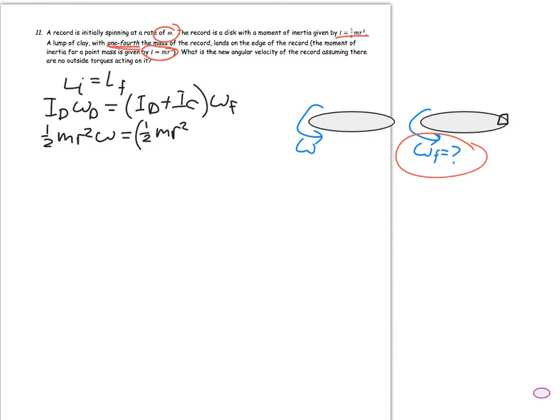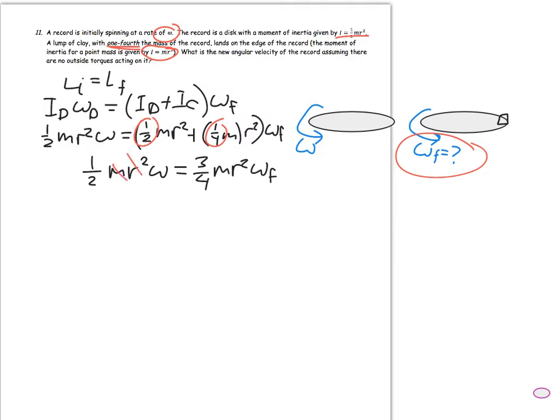All right, so I'm going to say plus, for the mass of it, 1/4 m times r squared. Since it's on the edge of the disk, it's just going to be r squared times our final angular speed. So when we simplify, we get 1/2 mr squared times omega, our initial speed, equal to 3/4, just combining these two fractions, mr squared times our final angular speed.